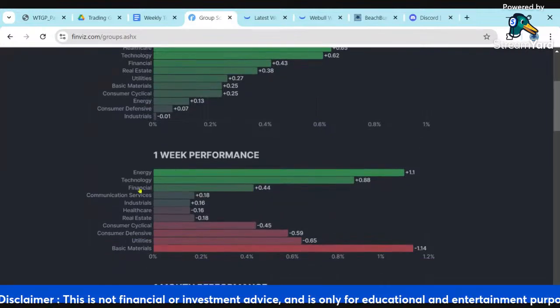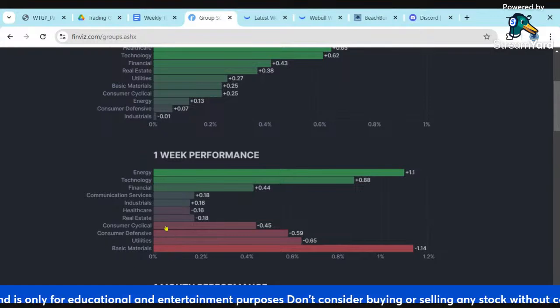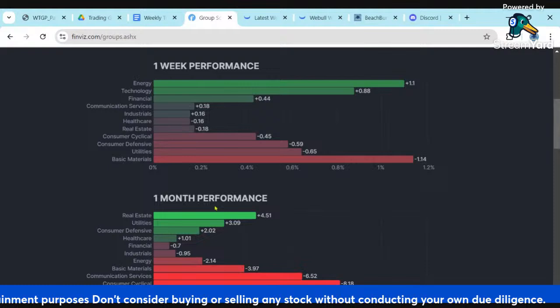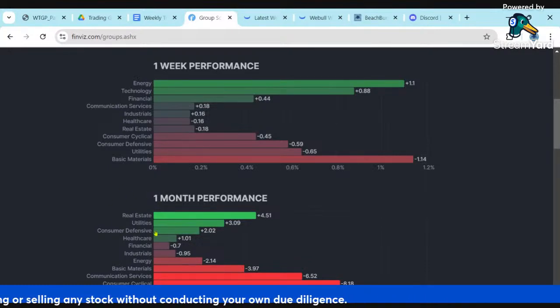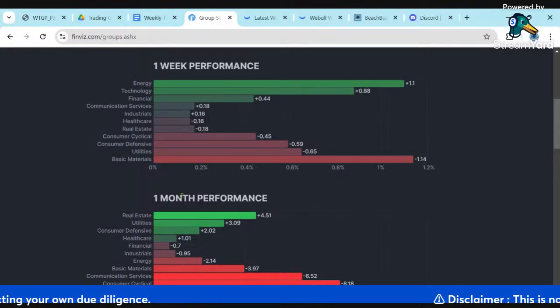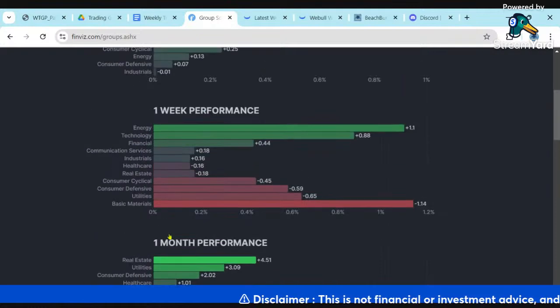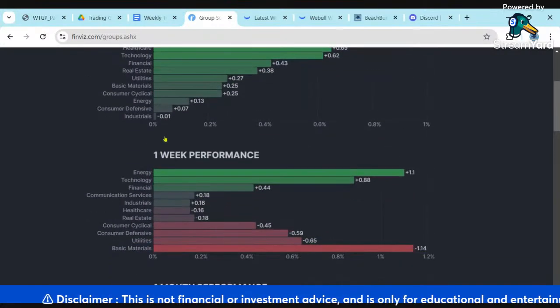For the week, again, kind of a dichotomy. We had technology and energy and financials the strongest, utilities, defensive, and materials the weakest. However, for the month, utilities and real estate and defensives were the strongest, and healthcare. So again, for the month, very defensive, flight to safety type of bent sector rotation. But short term, again, we got those buy the dippers bounces in technologies, communication services.